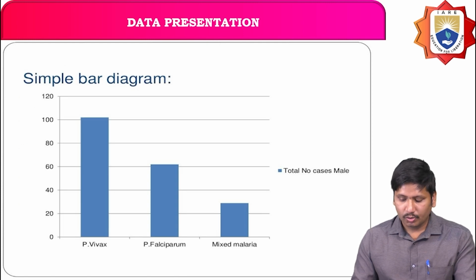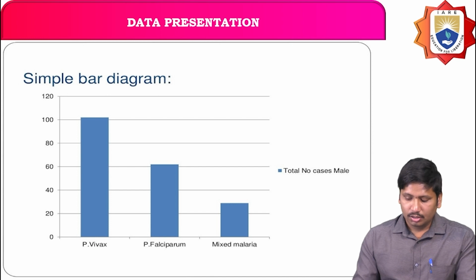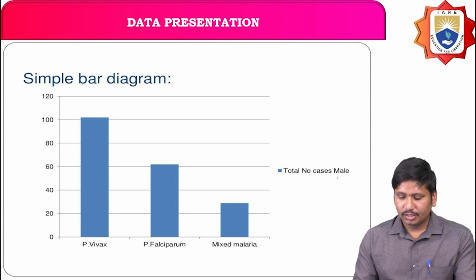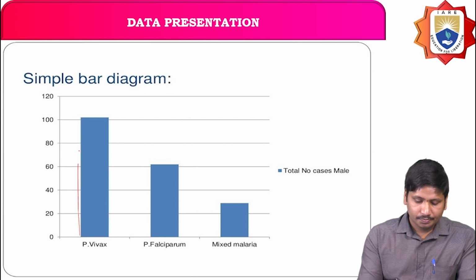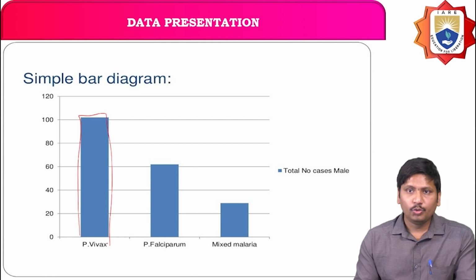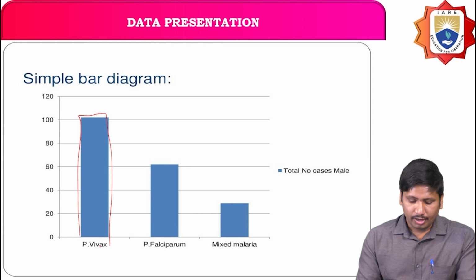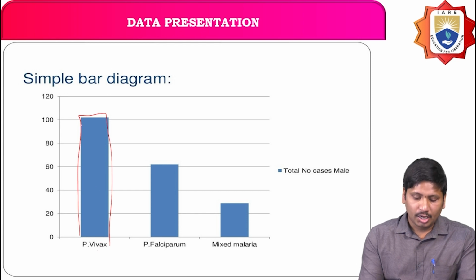By seeing this, we are going to identify the total number of cases available in males for the particular disease we have: vivax, falciparum, and mixed malaria. How many cases are available in males, I want to find out. By seeing this bar, vivax in males is around 100 people.